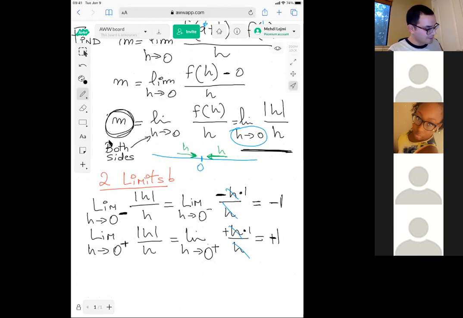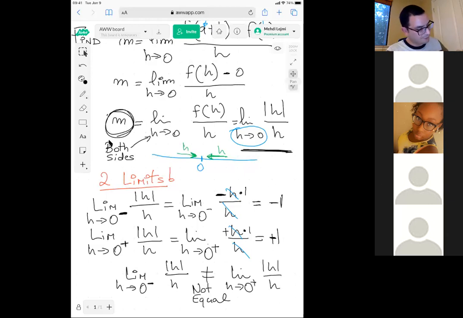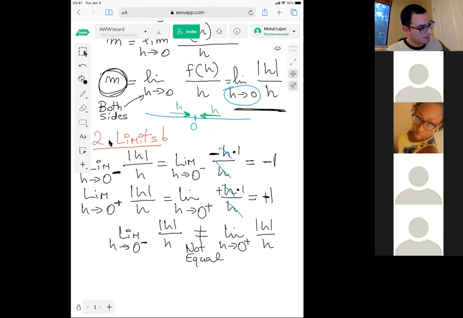So this limit from the left is not equal to the limit from the right. So then the limit from both sides does not exist.